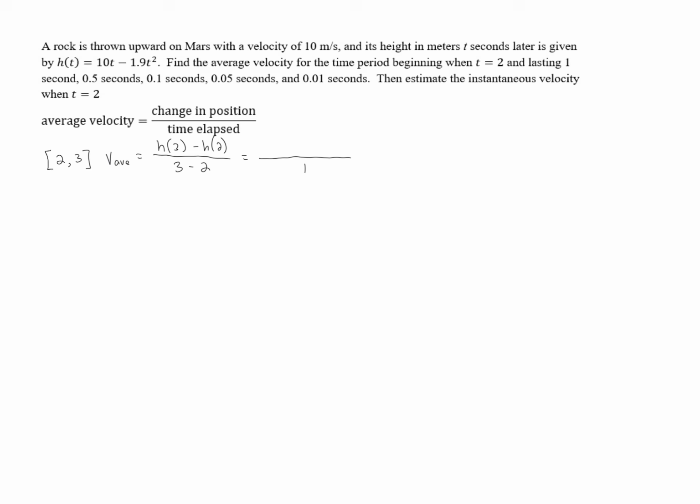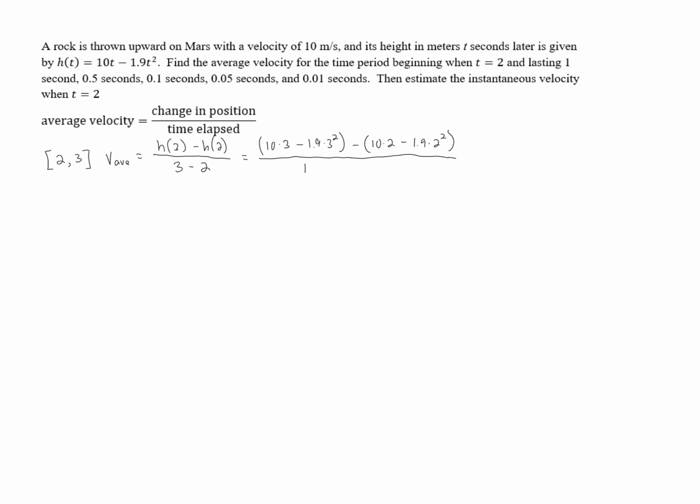For the change in position, we're going to have to evaluate the height function at these times. So we've got 10 times 3 minus 1.9 times 3 squared, and then we have to subtract 10 times 2 minus 1.9 times 2 squared.